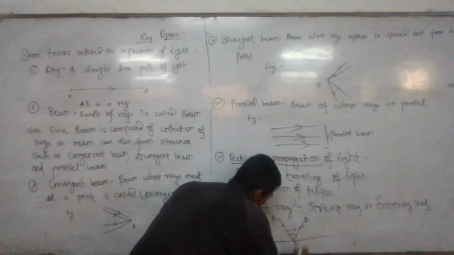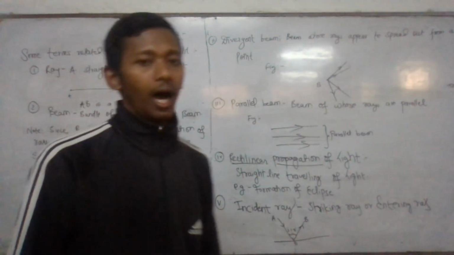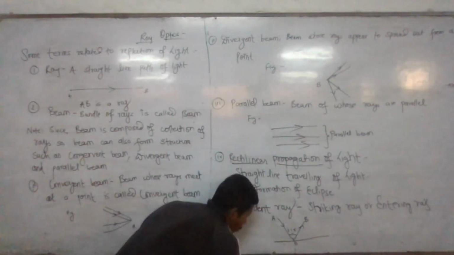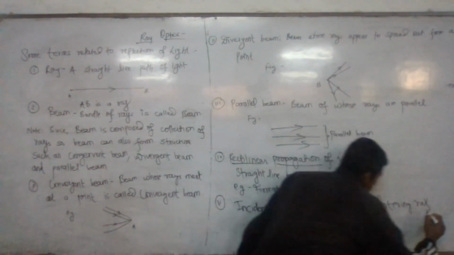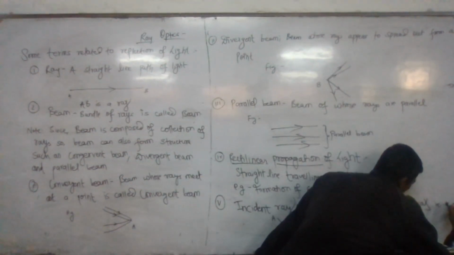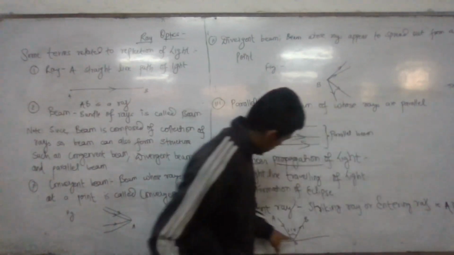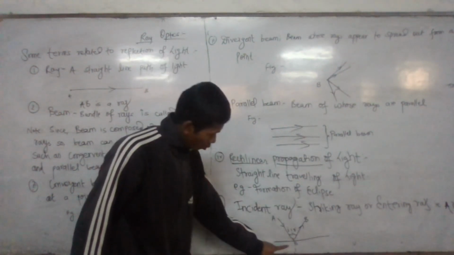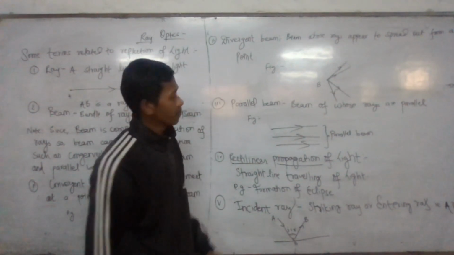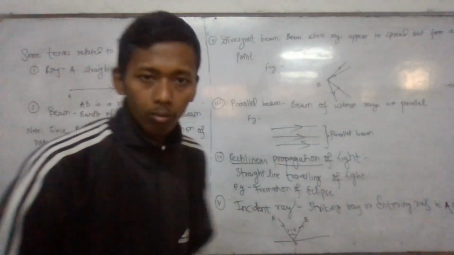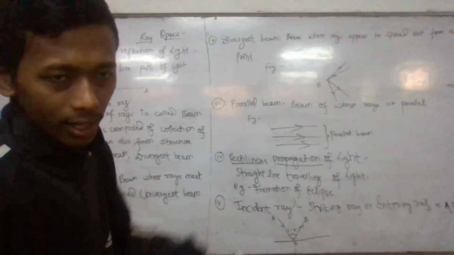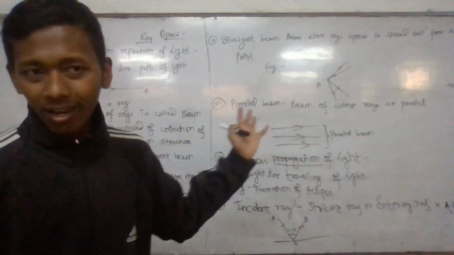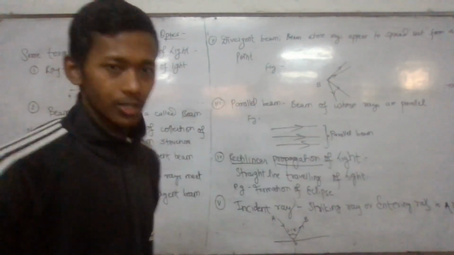Since angle I is equal to angle R, the ray AO is the incident ray. Now we'll move on to reflected ray and the point of incidence, and then we'll talk about angle of incidence and angle of reflection.